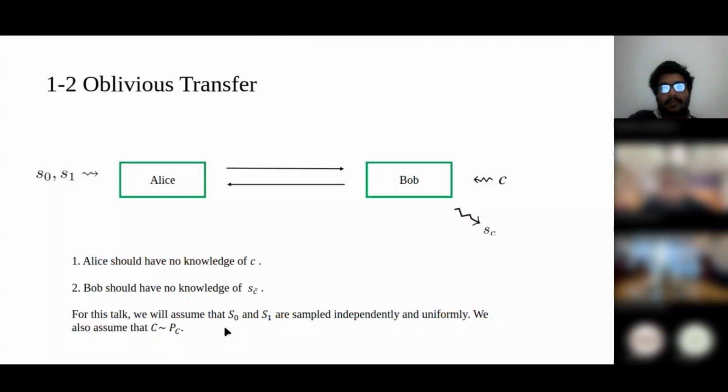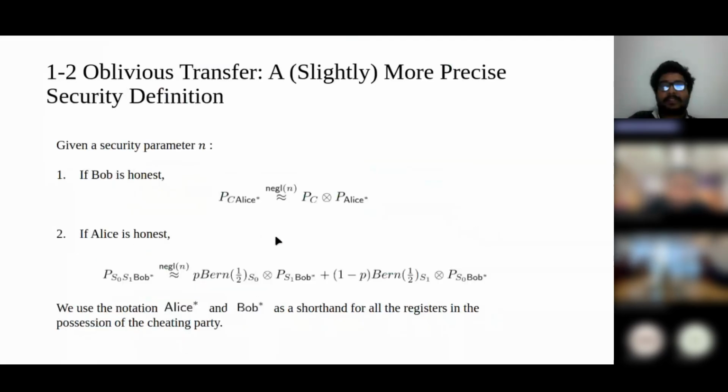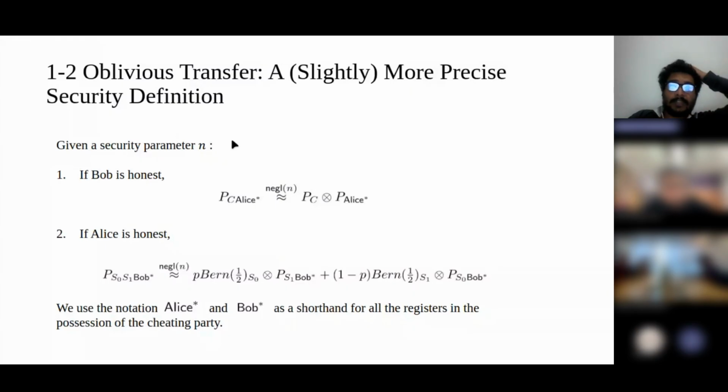In the next slide, I'm going to make these two conditions slightly more precise, not as precise as possible, but slightly more. When we define security of a certain task, we need a security parameter. If you read the standard books, Goldreich and so on, you will find a security parameter lambda or something.